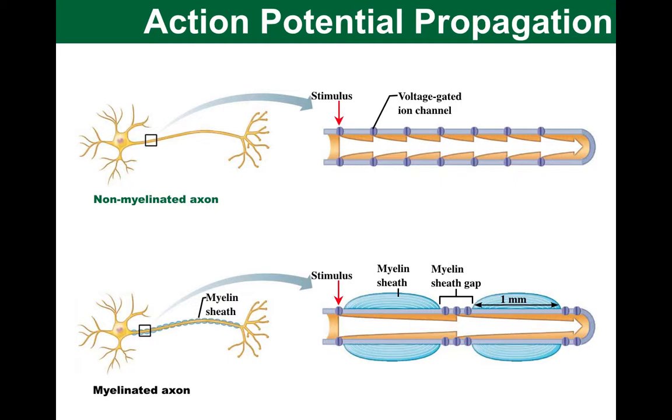The explanation for why this is so slow is that it takes time for ions and channel proteins to move across the membrane, and this was needed for each step of the progress of the action potential.